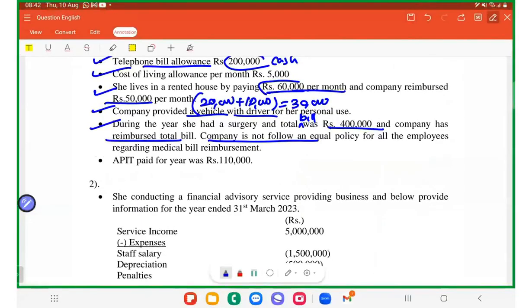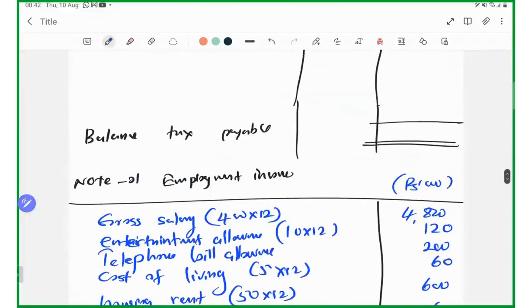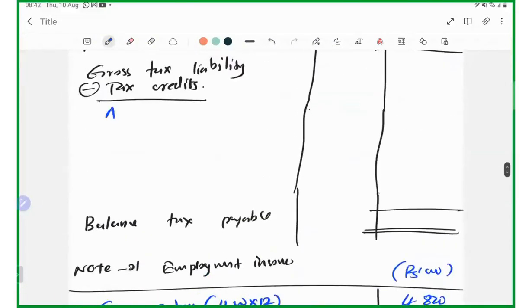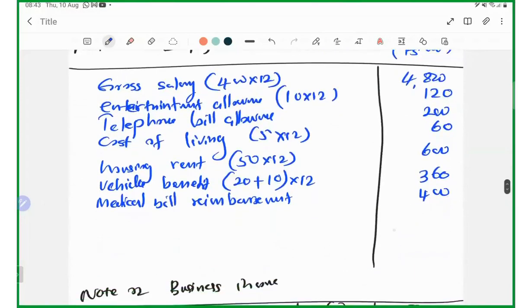Then the last point of the employment income, APIT paid for the year is 110,000. What you need to do, my dear students? That 110,000 you can take as tax credit. APIT paid, so that is 110 rupees in thousand. So that's all about the employment income.